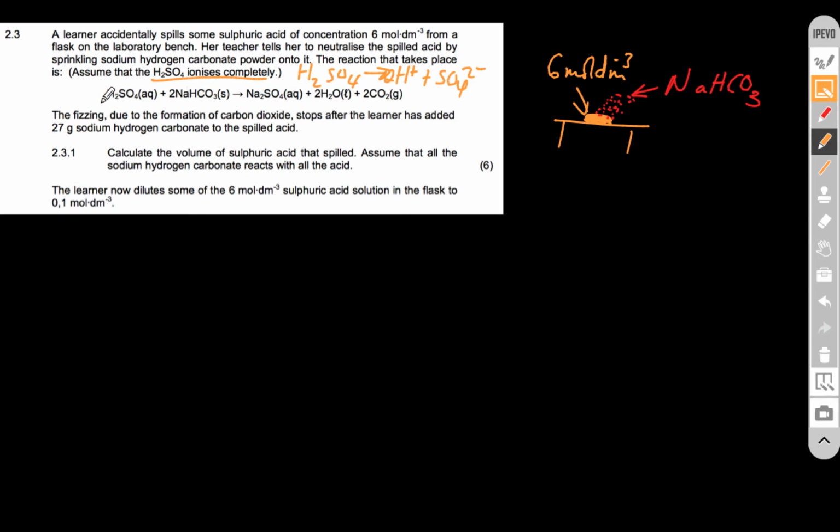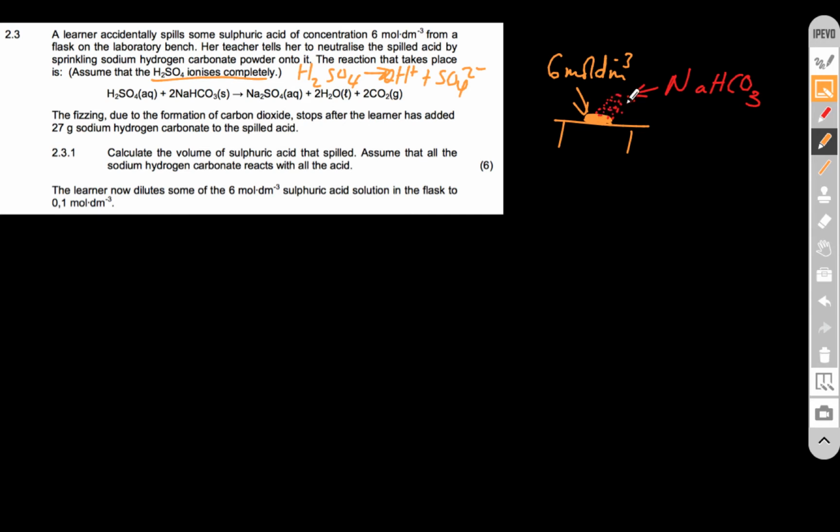We've got the reaction between sulfuric acid and sodium hydrogen carbonate to produce sodium sulfate, water, and carbon dioxide, and it is balanced. Then they say the fizzing due to the formation of the carbon dioxide stops after Elena has added 27 grams of sodium hydrogen carbonate to the spilled acid.